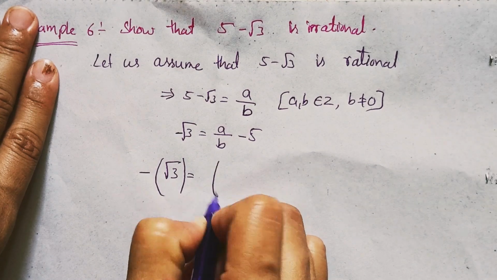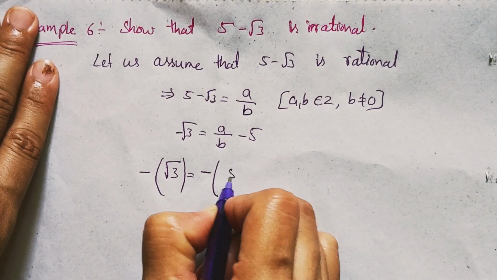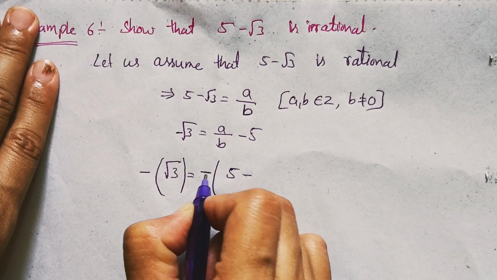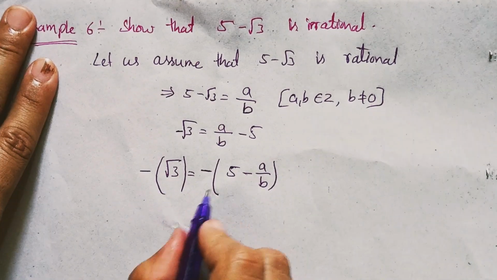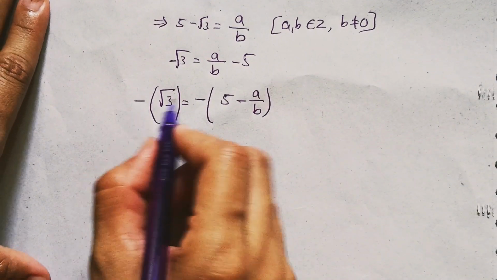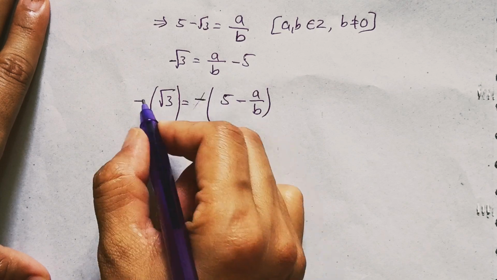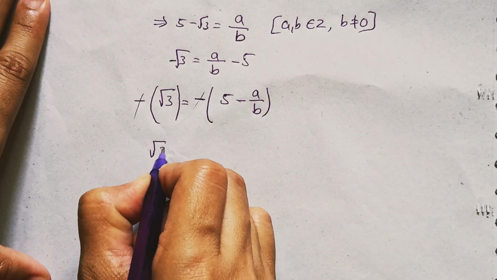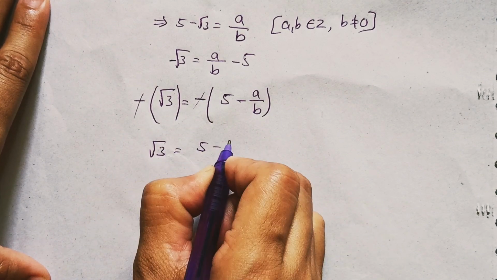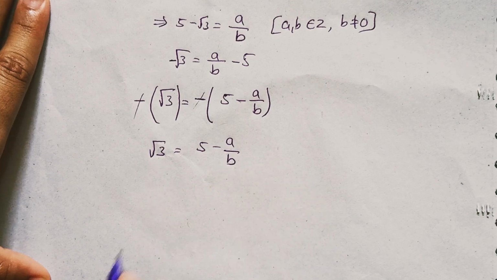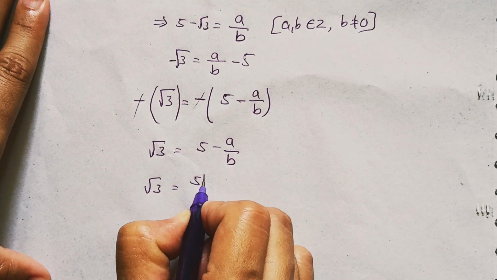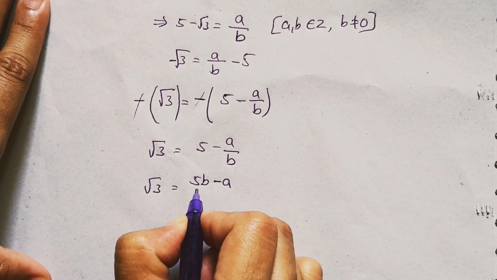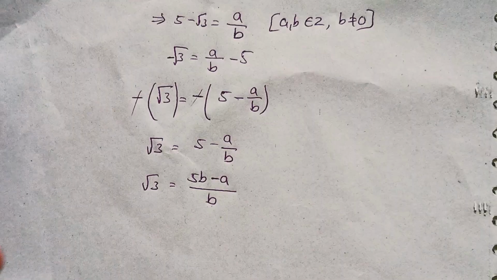Here also I am taking minus as common. Then 5 minus of minus plus a by b. Now have you understood this? Then I am cancelling minus. Then what will be left? Root 3 is equal to 5 minus a by b. So we can write it as 5 into b, that is 5b minus a, divided by b.